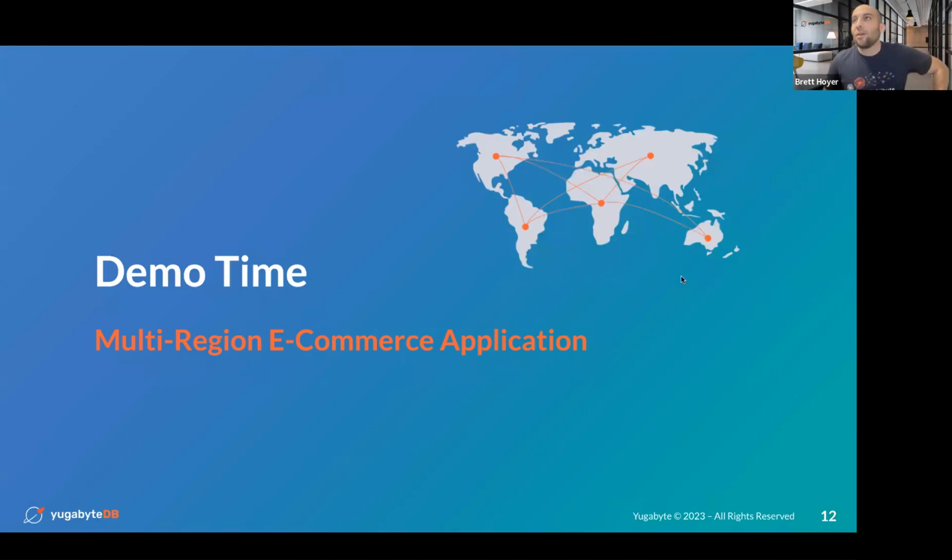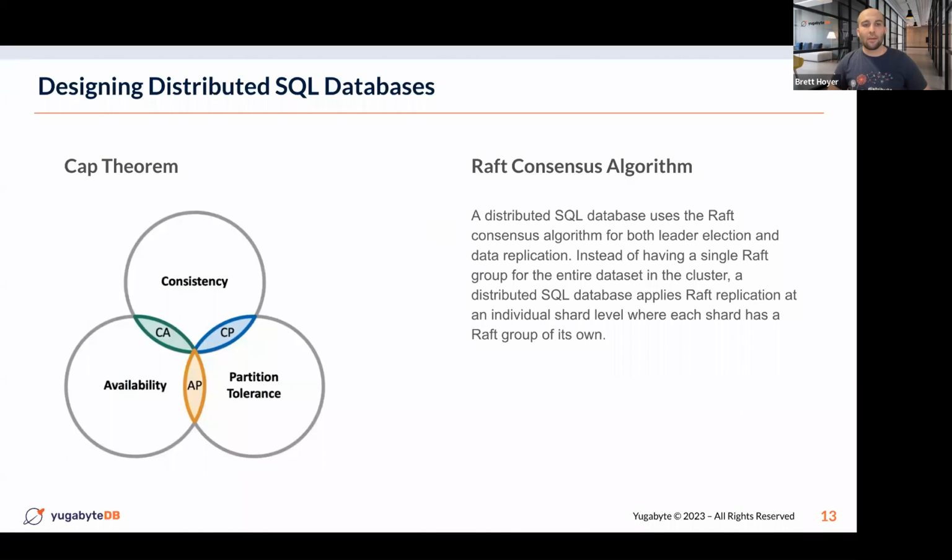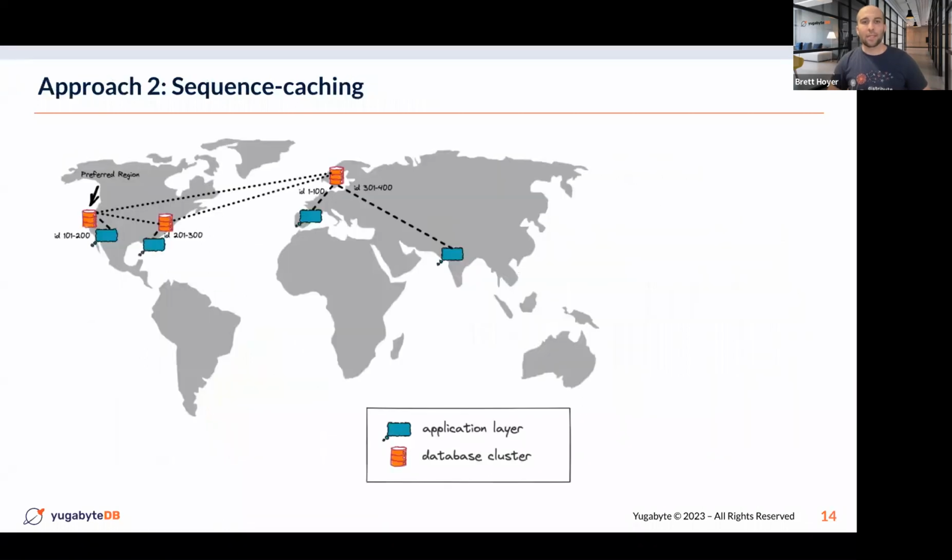All right, so now we can get into our demo. There are a few things that I wanted to discuss prior to getting into the demo, but I'm going to go over 2 of these strategies that we've reviewed here. So I will get back to this slide. The 2 strategies that I would like to show you are the sequence caching, which is, as I said, by default in Yugabyte, we set the cache value to 100 to improve latencies.